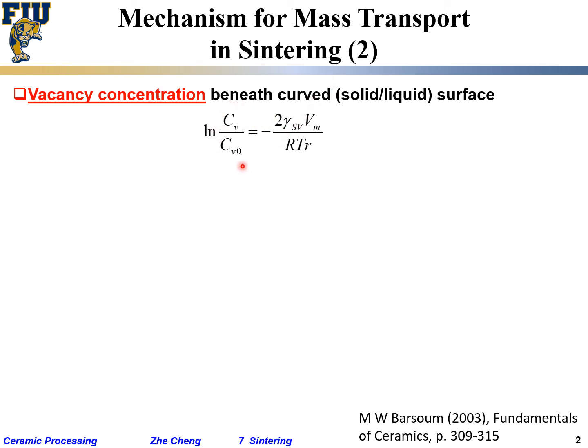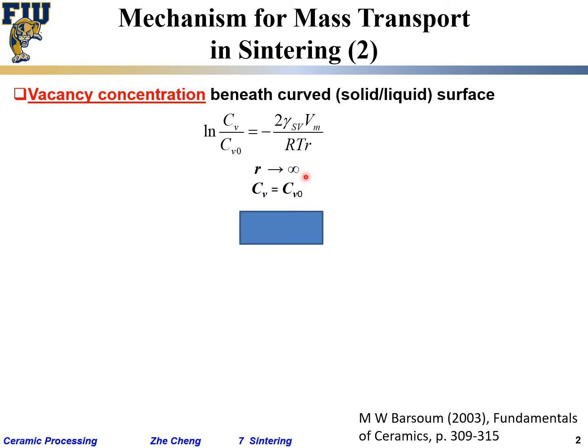The vacancy concentration versus equilibrium for a flat surface is given by this equation with a negative sign there. Okay? And then for a flat surface, you have a certain vacancy concentration.